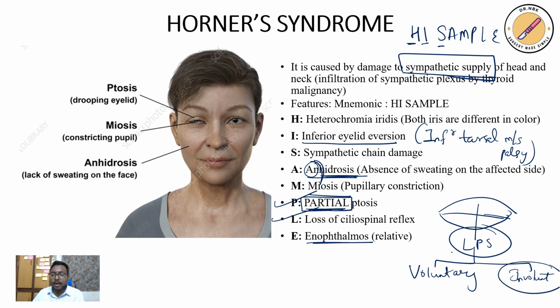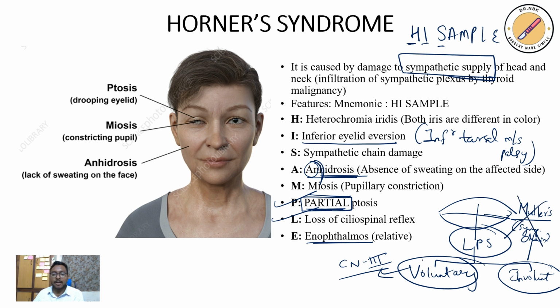This involuntary component of LPS is called Muller's muscle, which is supplied by the sympathetic chain. Whereas the voluntary part of the LPS is supplied by cranial nerve 3, nothing but oculomotor. In case of Horner syndrome, only Muller's muscle is gone, but the voluntary component of levator palpebrae superioris is intact. That is why there will be only partial ptosis here. You can see here, only partial ptosis will be there in Horner syndrome.